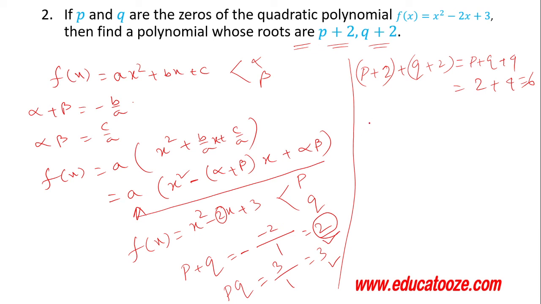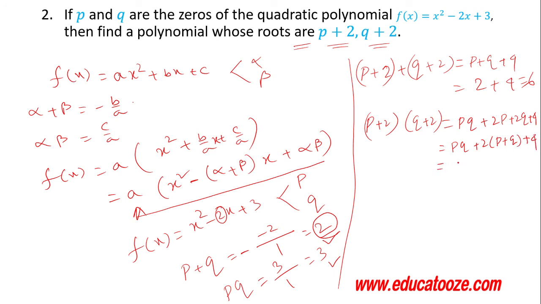Now the product of the roots, p plus 2 into q plus 2. Simplify: pq plus 2p plus 2q plus 4. If you take 2 common, that means pq plus 2 into p plus q plus 4.